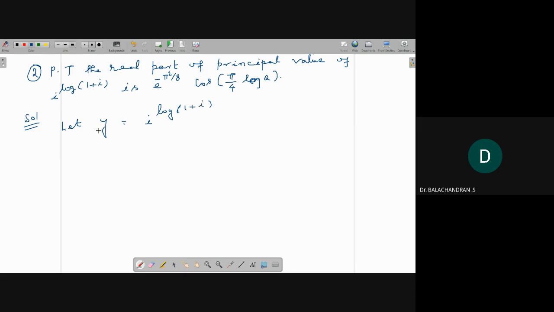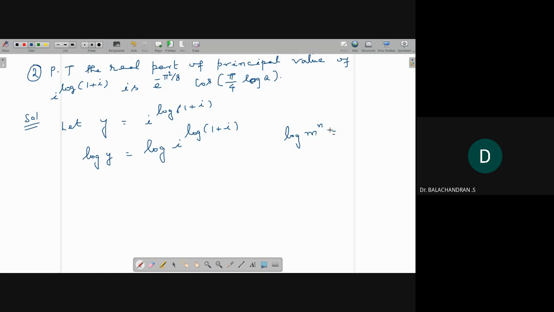Okay. So taking log on both sides, log y equal to log of i power log of 1 plus i. Now this is of the form log m power n. This is m, this is n.